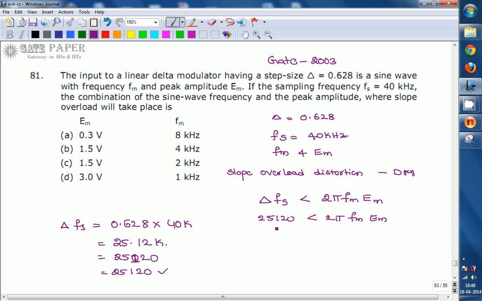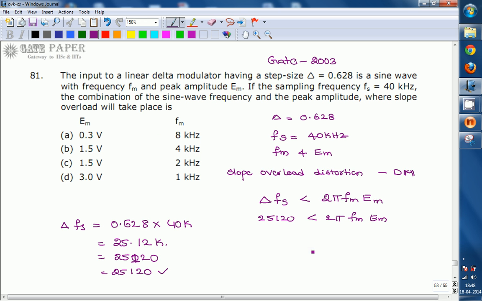Here we compare this condition, where 25120 is less than 2 pi fm Em, which is the correct combination to produce slope overload distortion. In the problem 4 options are given. For these 4 options we will find 2 pi fm into Em.